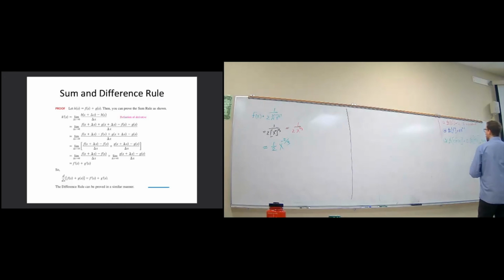So the fourth rule says d dx of f of x plus or minus g of x is equal to d dx of f of x plus or minus d dx of g of x. That's convenient.